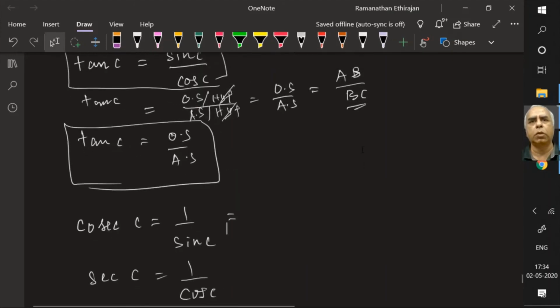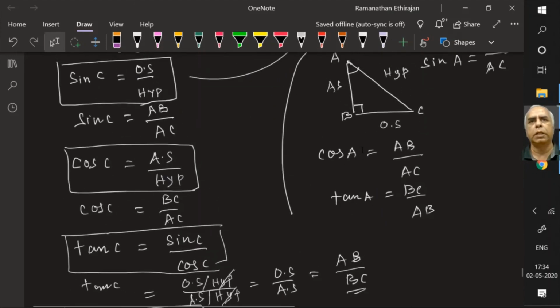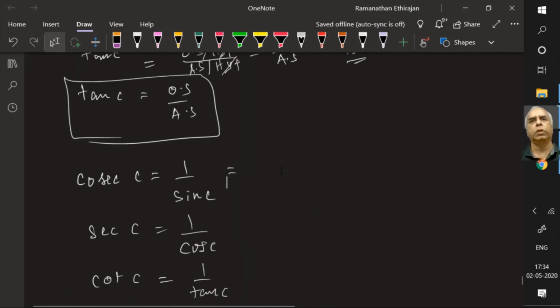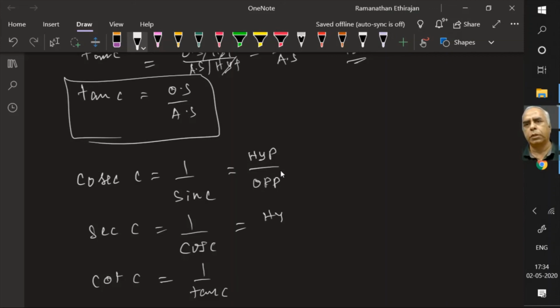We already have sin C, opposite by hypotenuse. So for cosecant, it is hypotenuse divided by opposite, because it is the reciprocal. Similarly, hypotenuse divided by adjacent for secant, and adjacent divided by opposite for cot, the reciprocal of tan.